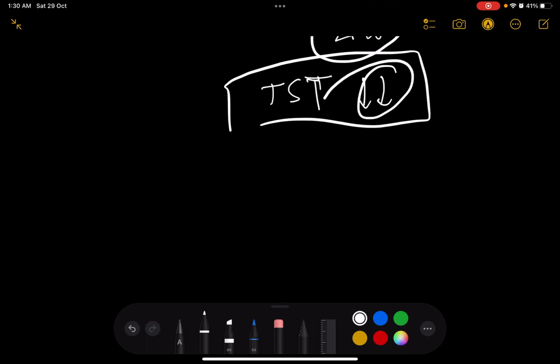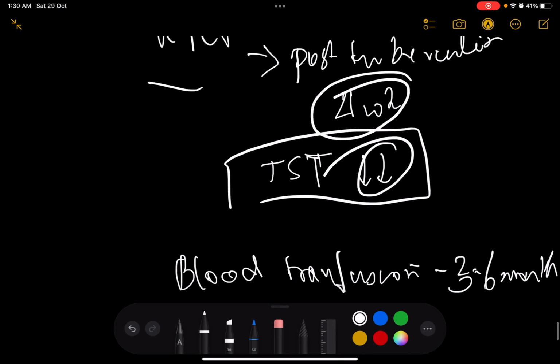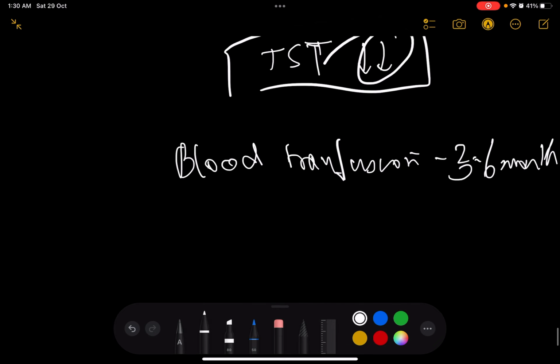And you cannot do blood transfusion for 3 to 6 months. You have to wait. Now why I'm saying all of this is because these true or false statements can actually come as MCQs.